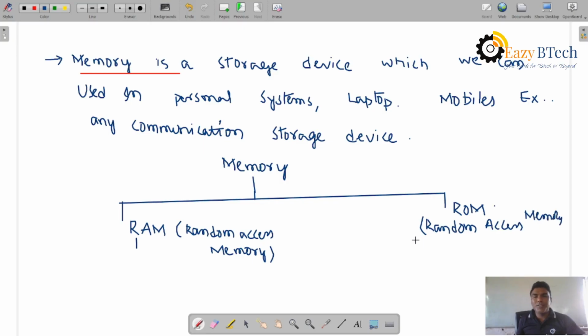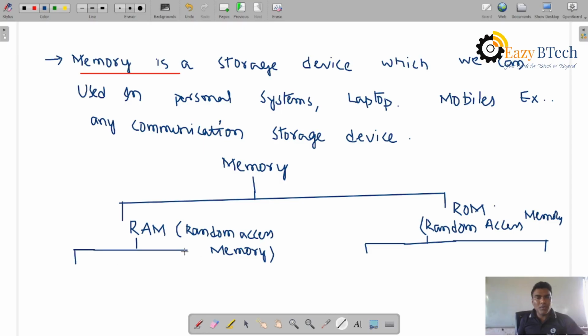You know all the differences. ROM is a permanent storage. RAM is a temporary storage. It is volatile and non-volatile. You already studied everything. But how it will be designed, you can see. Again, RAM is classified into SRAM and DRAM.